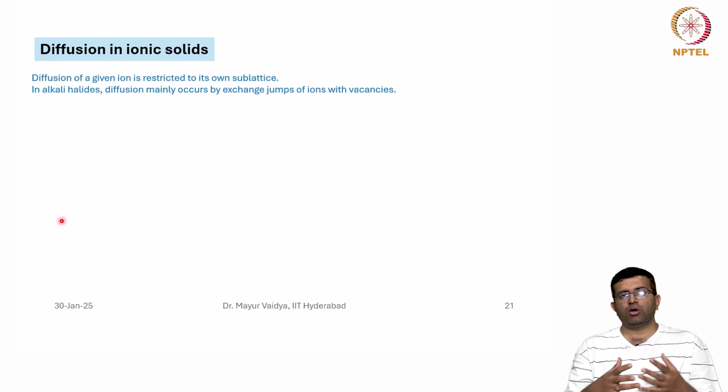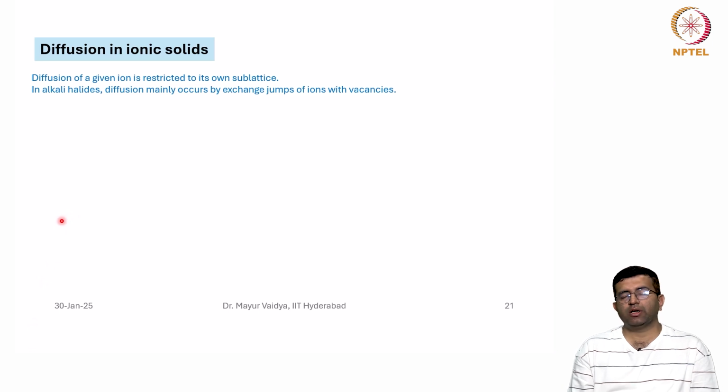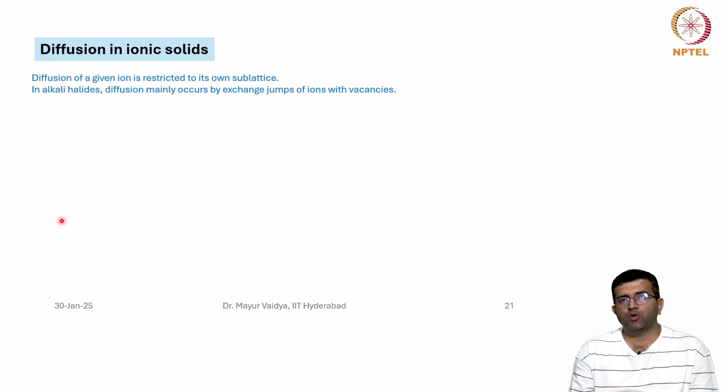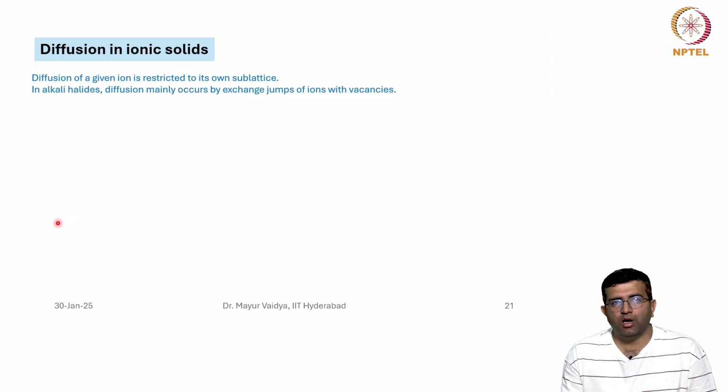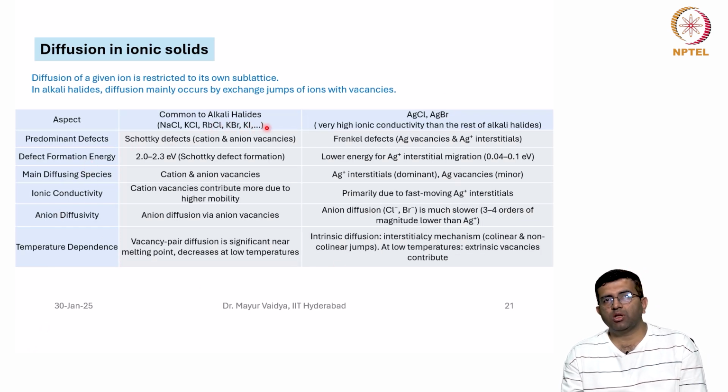We also saw very recently the diffusion in ionic solids, where the diffusion is restricted to its own sublattice. In alkali halides, the diffusion mainly occurs by jumps of ions with the vacancy. So here is a table summarizing the diffusion in ionic solids, especially the comparison between the alkali halides and the silver halides.